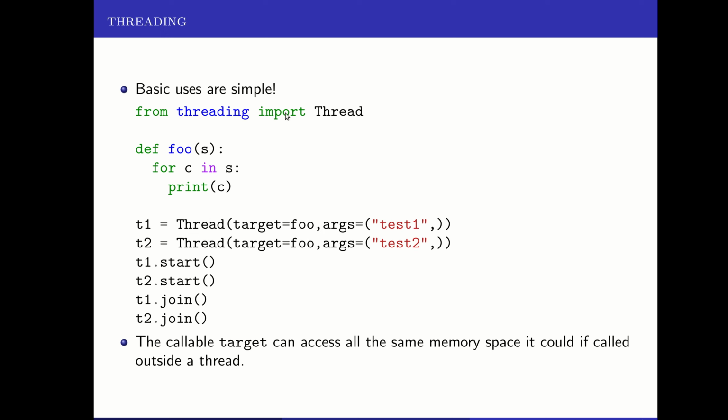You import the threading library and you need the Thread class in particular. Here we've only imported Thread because for now that's all we need. We define some function, and then to do very basic multi-threading, that's all you need, because you can create a thread with a function as one of its arguments, and then you can provide the parameters to that function, if it takes any parameters, and now you have a fully functional thread.